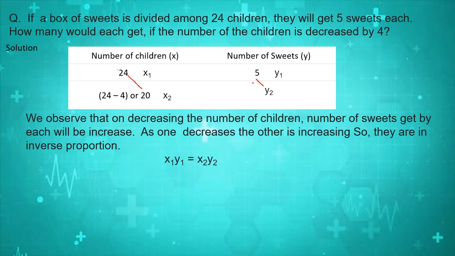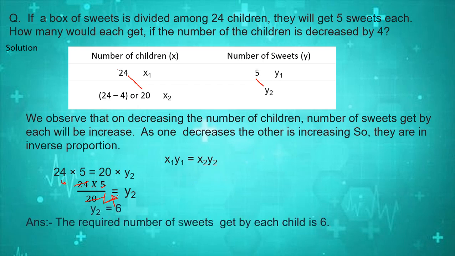So we can write x1 y1 equals x2 y2. Now put the values, we get 24 into 5 equals 20 into y2, or 24 into 5 upon 20 equals y2. So here we can cancel by 5: 5 ones are 5, 5 fours are 20, and here again 4 sixes are 24. So y2 we get 6.